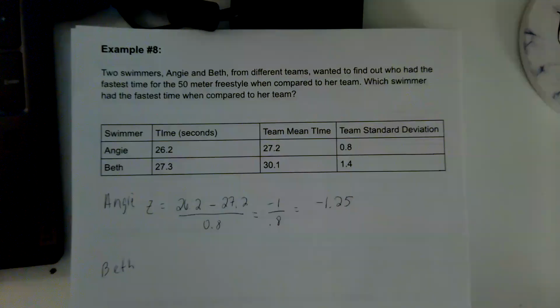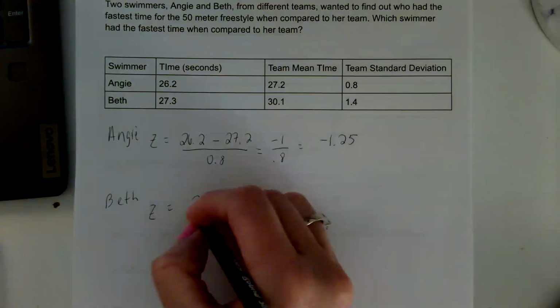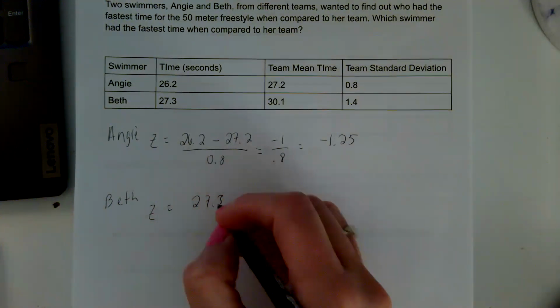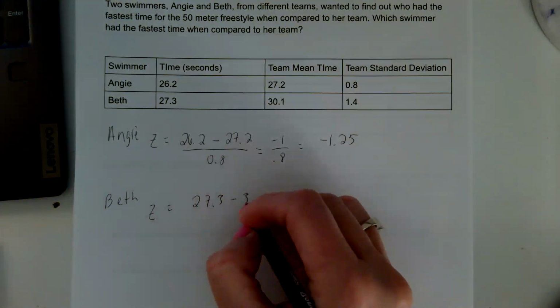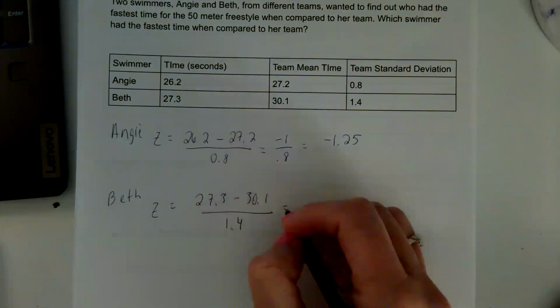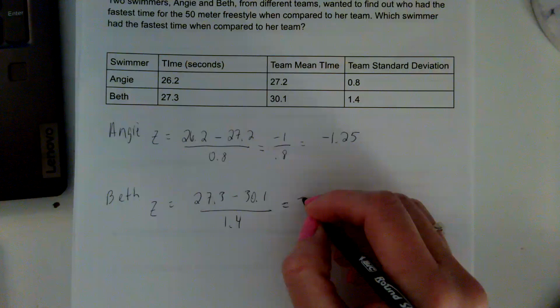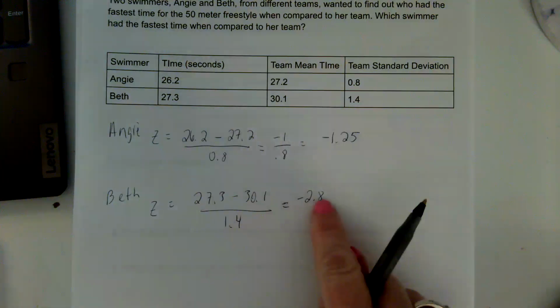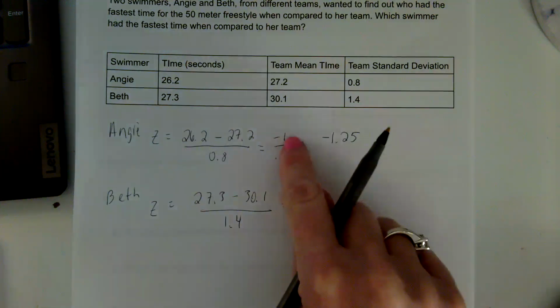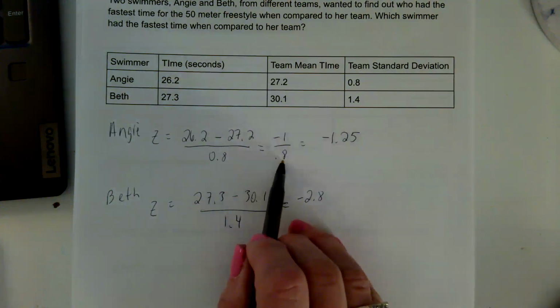And then let's look at Beth. Beth is also faster than her team average. And she's faster by more seconds, right? She's under her team average by 2.8 seconds, where Angie was only by 1 second. But Angie's team has a smaller standard deviation.